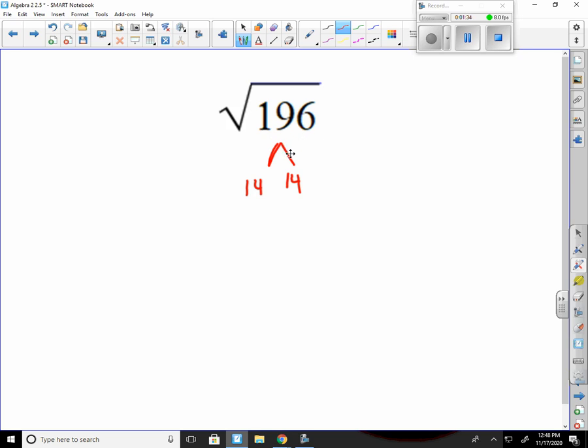So since that's a perfect square, I'll have my pair right now, and there's nothing left inside. It's just 14. So anytime you have a perfect square, when you do this, your answer is just going to end up being whatever number you square to get 196. So it's just a couple more examples of how we can simplify roots.